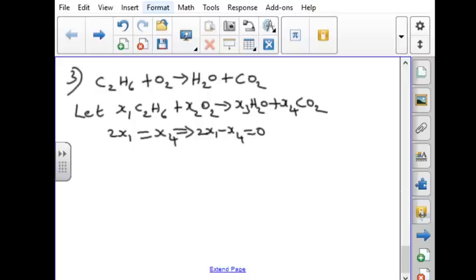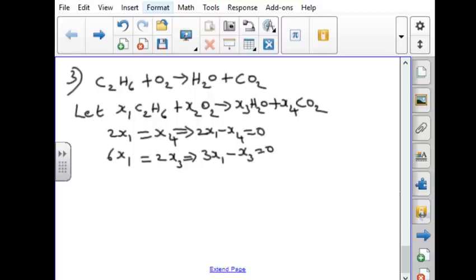Now come to the hydrogen atom. Here we have 6, so it is 6x1, and here we don't have, and here it is H2, so 2. So it is equal to 2x3. Here we can divide throughout by 2. So this becomes 3x1 minus x3 is equal to 0.